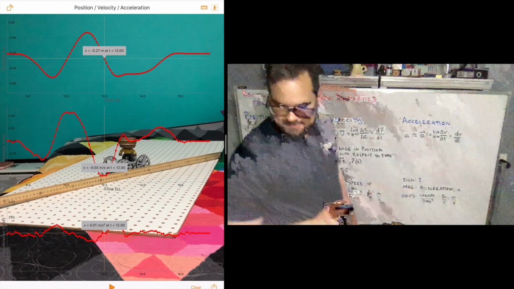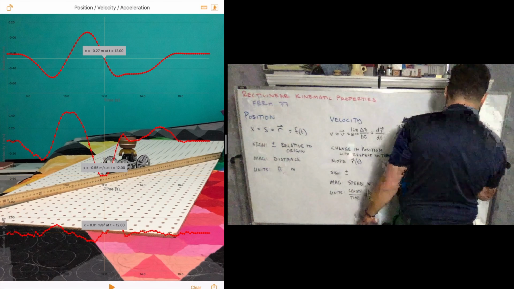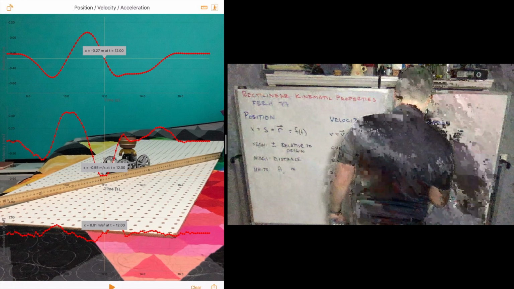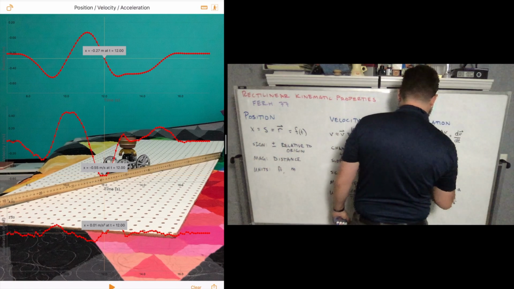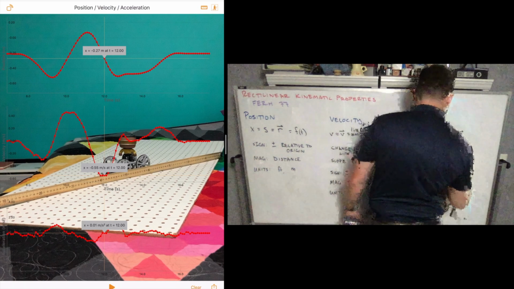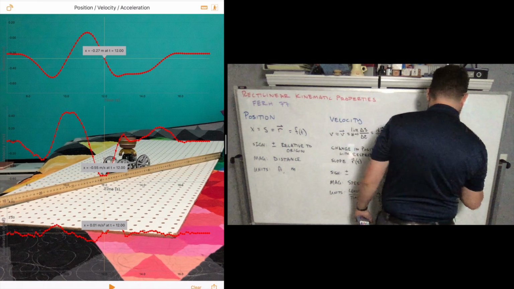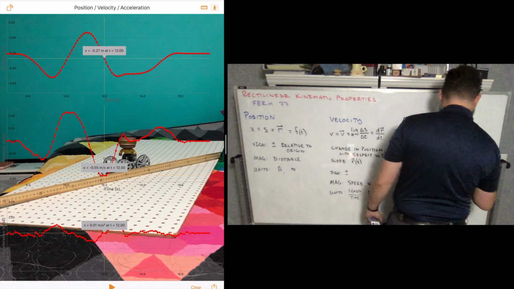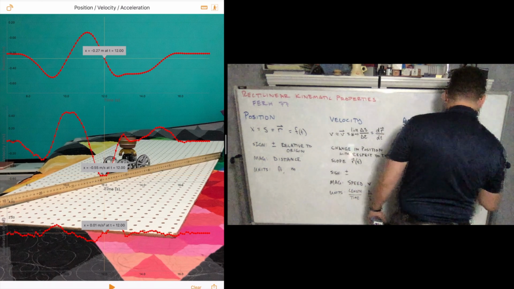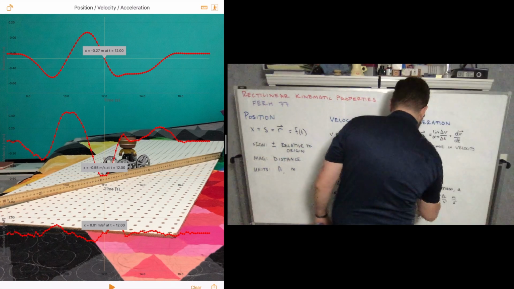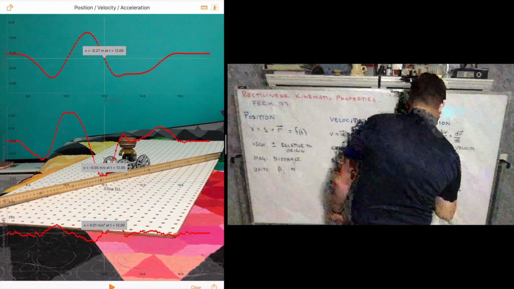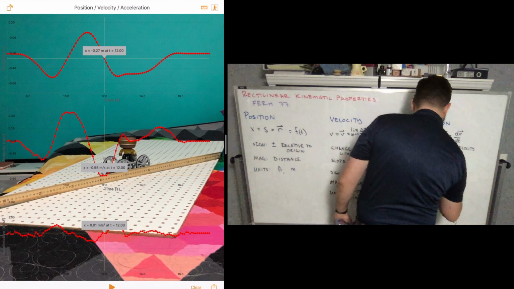And we can put our little vector hat on there. And so this is going to be the rate of change in velocity, or we can think of it as the slope of the velocity with respect to time.